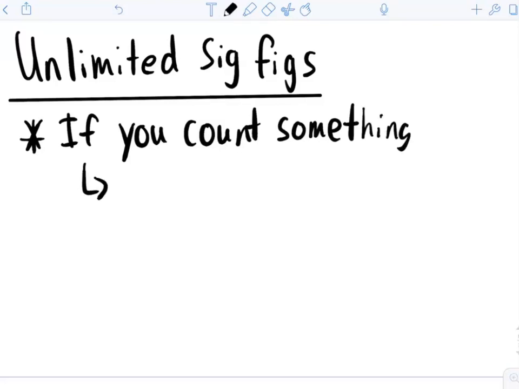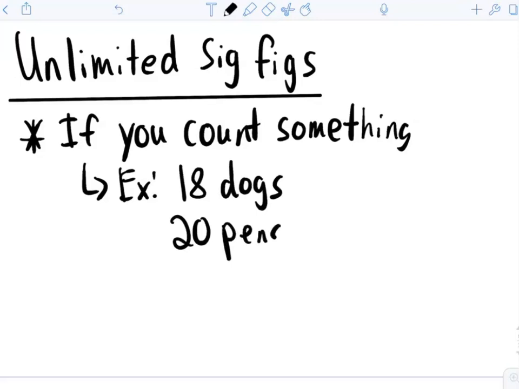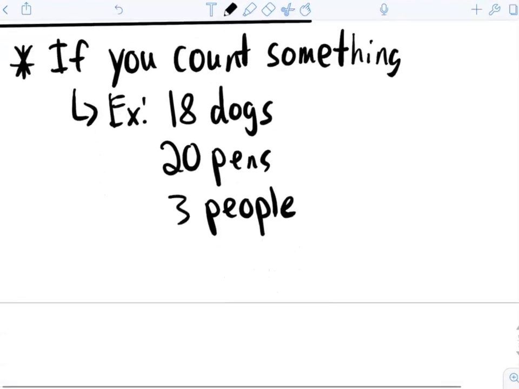So, for example, if you had 18 dogs, 20 pins, or 3 people. And notice in those, you are going through and counting those things.